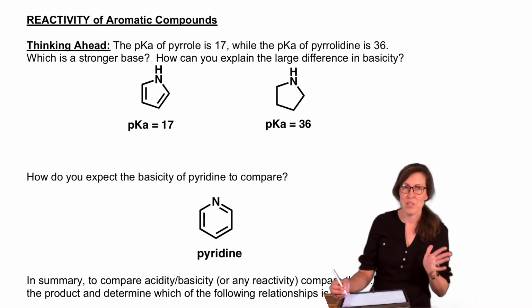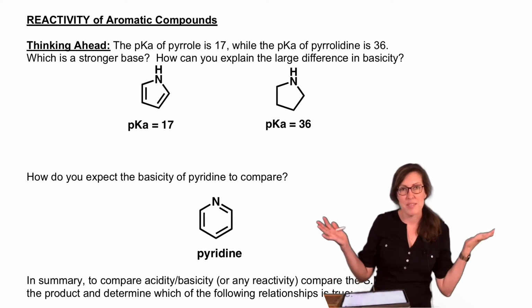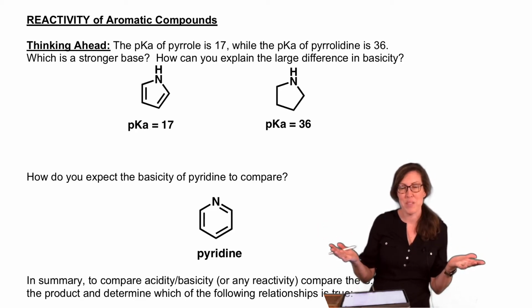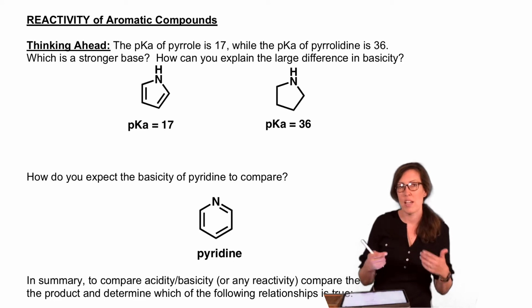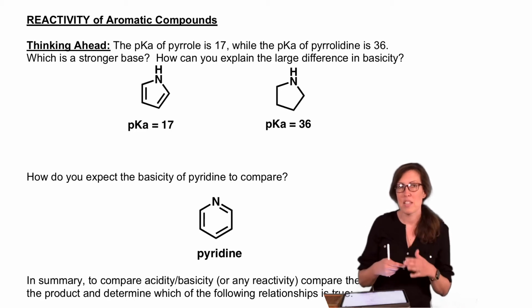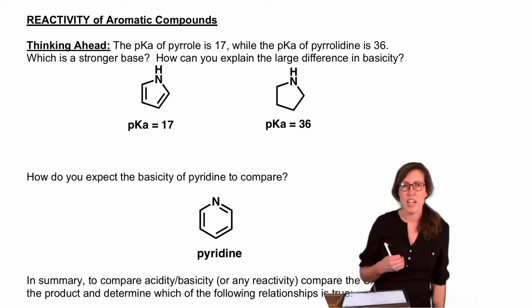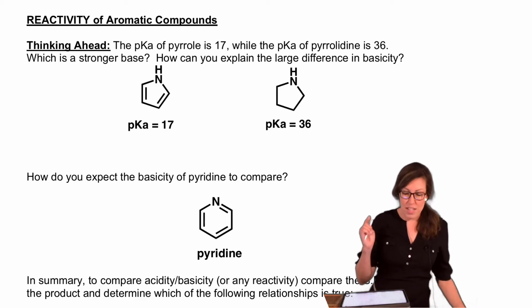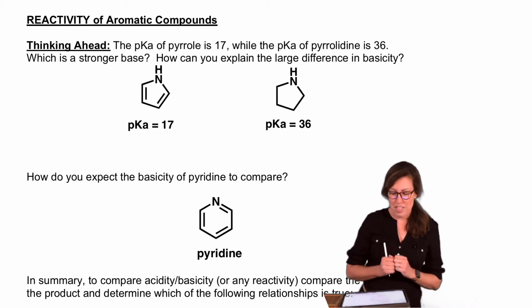So, makes sense, right? Acid-base, one of the simplest reactions we could do. We're going to see how it affects the acidity or basicity when a molecule has that property of either being aromatic, possibly being anti-aromatic, changing its aromaticity characteristics in any way. So that's the goal. So here's a few examples that can help us get there.